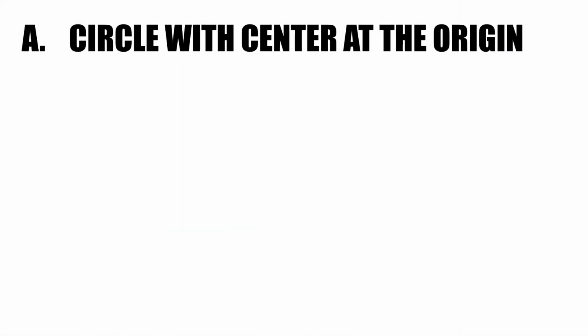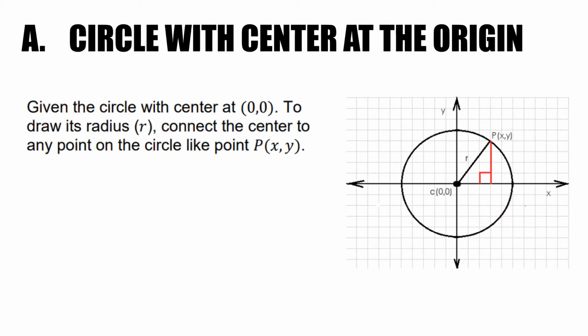Okay, so how do we write the equation of a circle with the center at the origin? So ito po yung isa sa pinaka-importante, yung pagsusulat ng equation ng circle, given ka ng center or given ka ng origin and then point on the circle. Okay? So ito po, given the center is at 0, 0, and then we draw radius r.